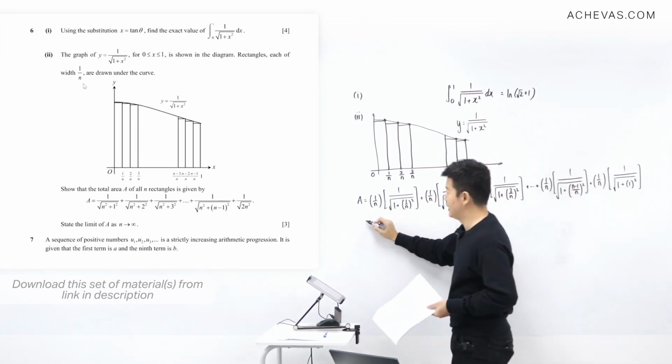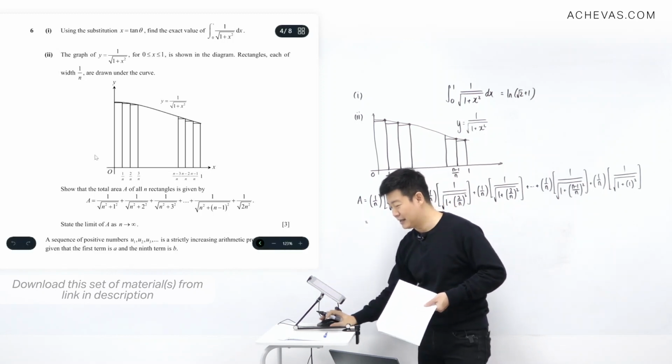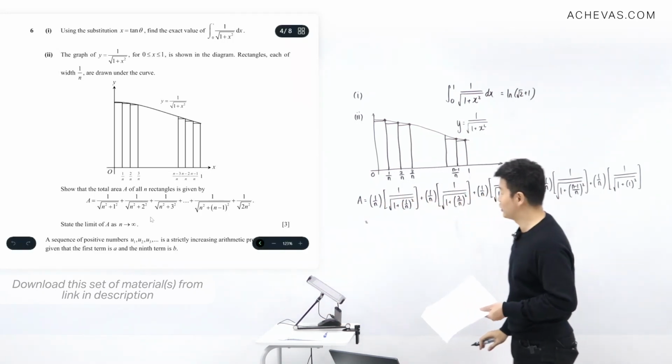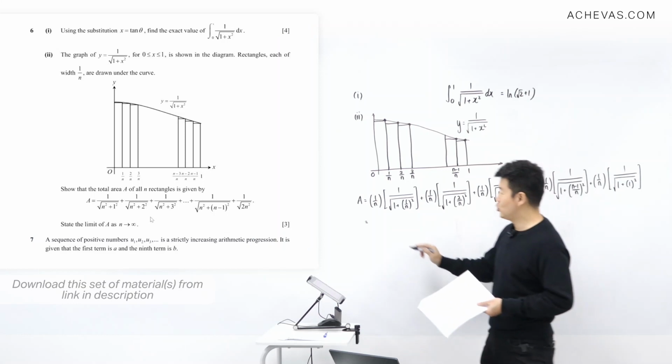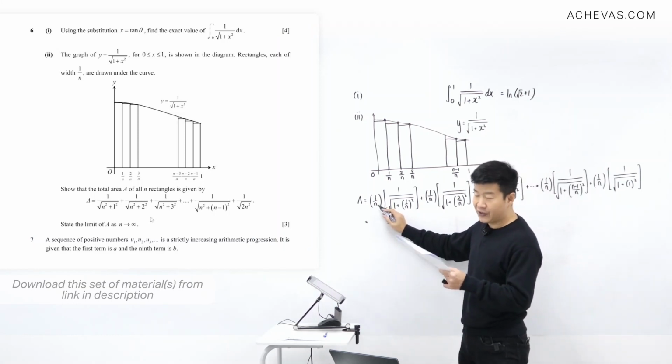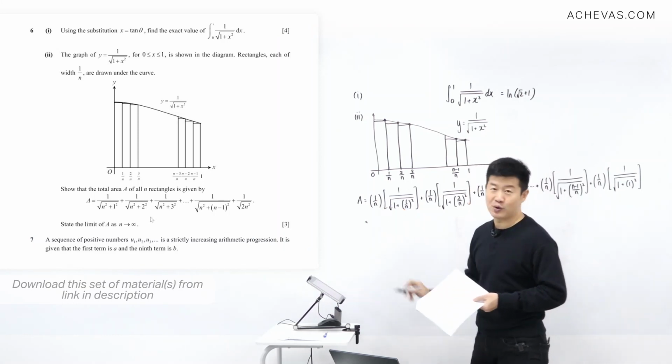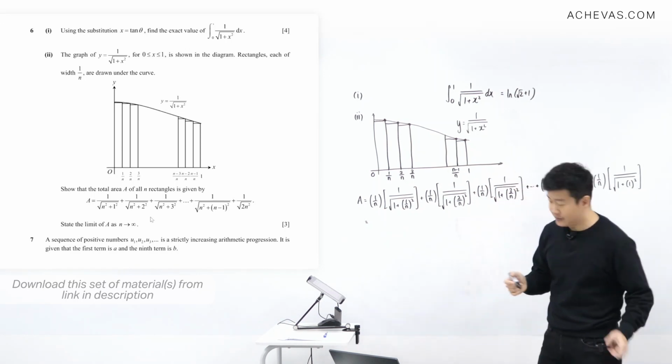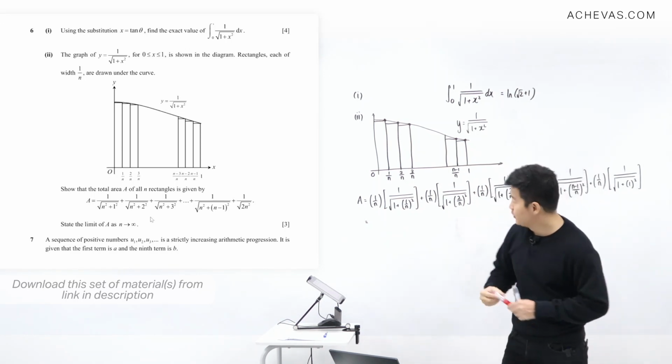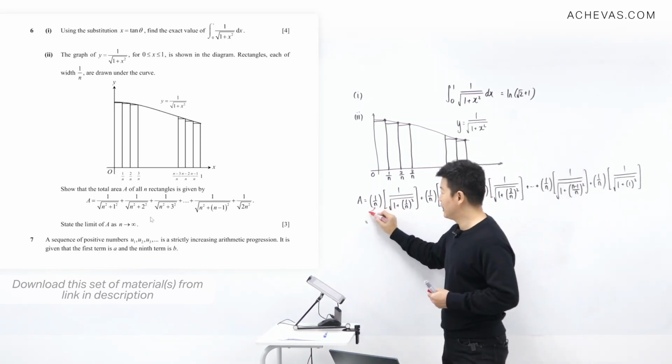Let's simplify this, and hopefully we are going to get the series that the question is asking us to get. So this 1 over n, I think I can actually push it into the square root by rewriting n as square root of n squared.